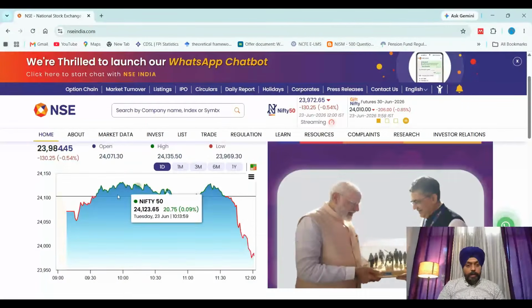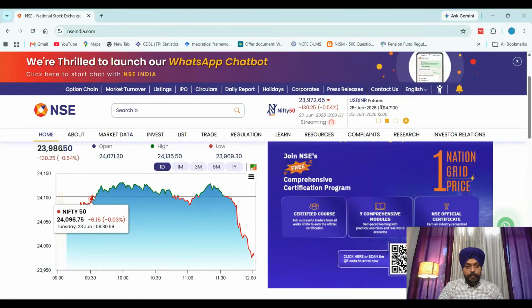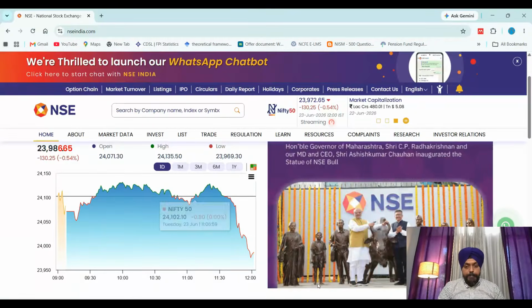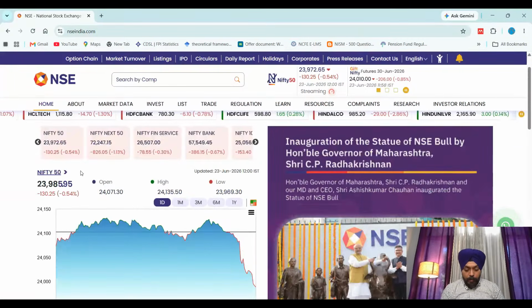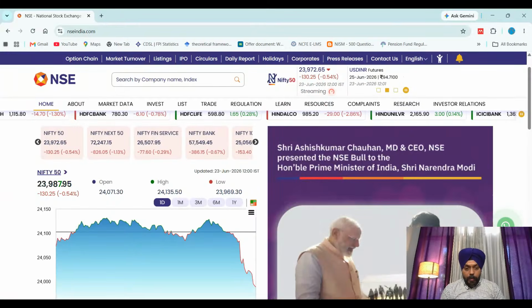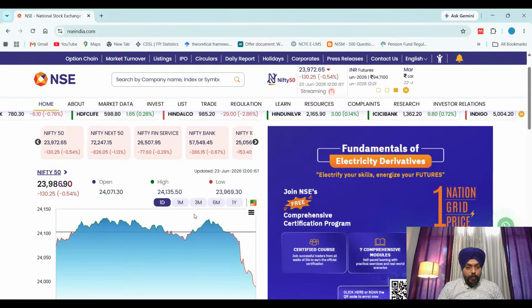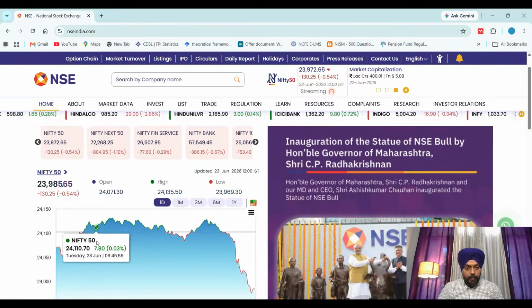At 9:30 a.m. Nifty was trading at how much? 24,096. This I will note it down. 24,096 9:30 a.m. का प्राइस था, and right now Nifty is trading at how much?